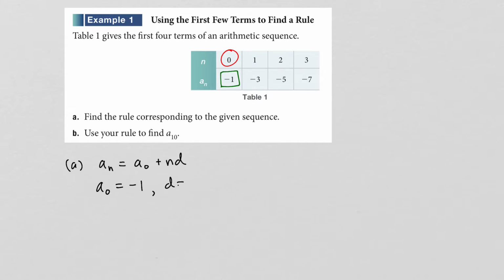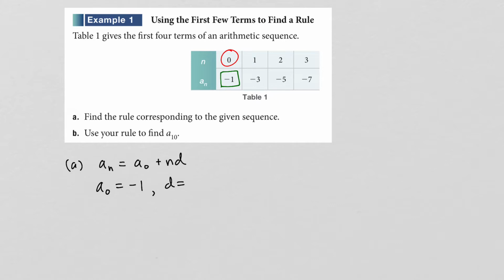And the common difference we can get by thinking about what number we have to add to move from one term to the next. When I go from -1 to -3, I'm adding -2. When I go from -3 to -5, I'm adding -2. And every time I'm adding -2. That's one way to calculate that.